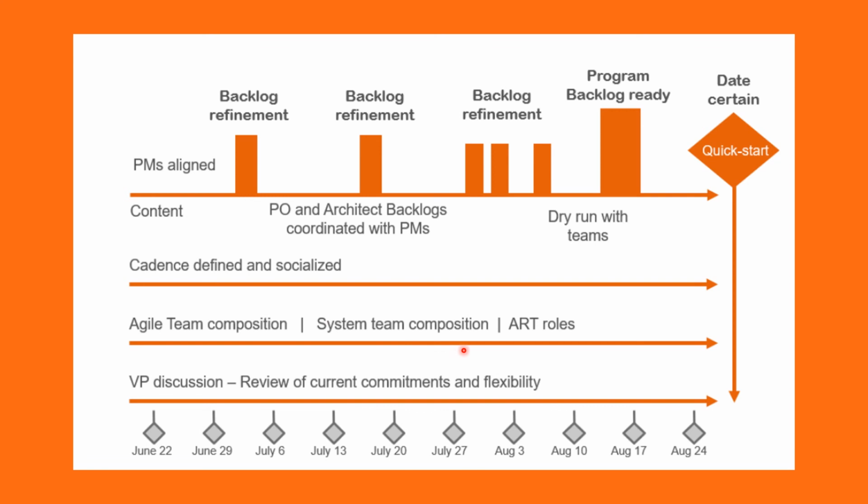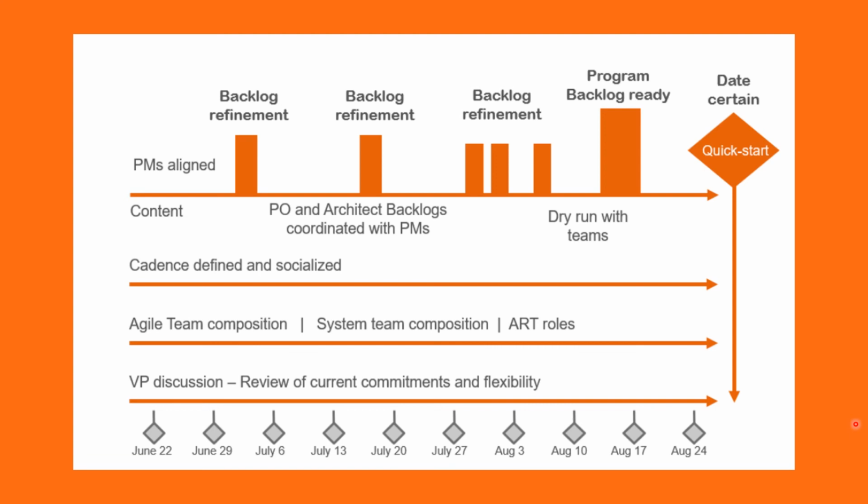Team composition, system composition. So this is kind of program backlog planning actually. So this is the final activity in launching the ART actually, right? If you look at that, these are the number of activities or steps involved in preparation of launching ART actually, right?